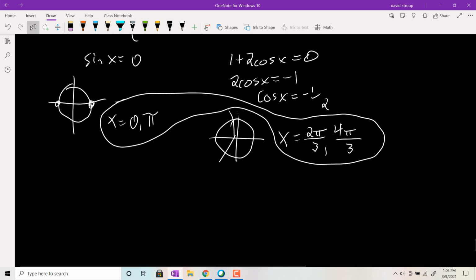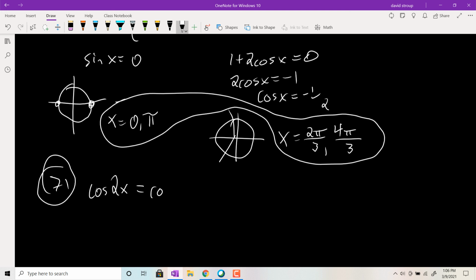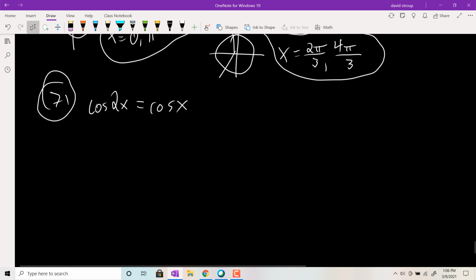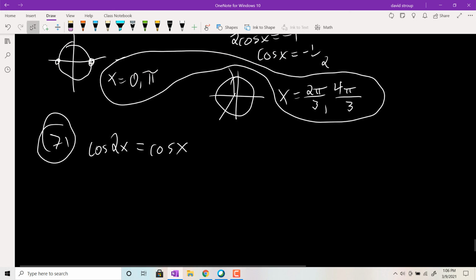Okay, one last one, 71. So we have cosine 2x equals cosine x. This one's a little harder because you kind of have to dig into the more obscure identities. But here, I said in the lectures, you want everything in terms of the same trig function, or you want everything in terms of the same angle. So here on one side I have a 2x, on the other side I have an x.